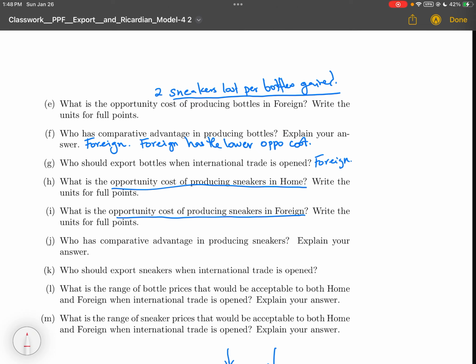Opportunity cost of producing sneakers, that is 1/3 bottle lost per sneaker gained. And this second one, it's half of a bottle lost per sneaker gained.